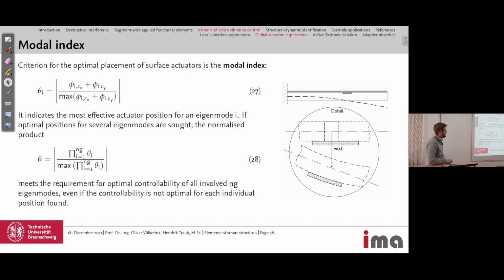And to find the best trade-off for the positioning for different eigenmodes, we can calculate this modal index. So even if the controllability is not optimal for each individual position, we can judge the trade-off with this.